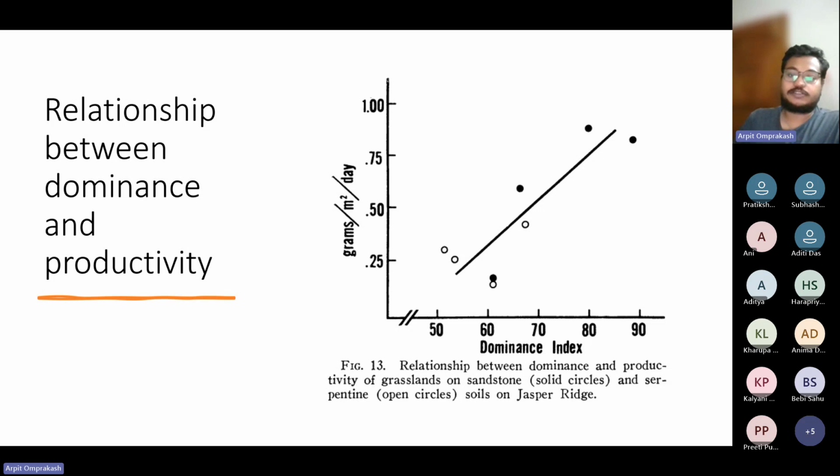And if one species is dominating, the dominance index will be high, and since the abundance of that species is very high, the productivity of the whole community increases.